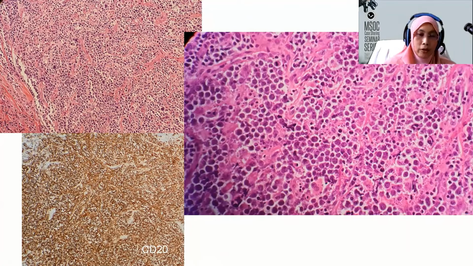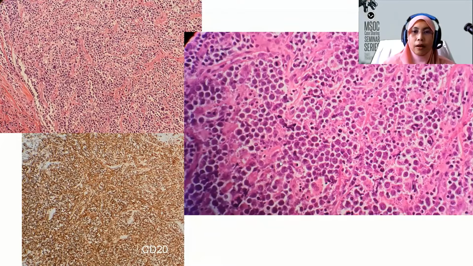So at that point of time, the reporting pathologist decided to put it as atypical, suspicious, but they didn't dare to put it as a lymphoma. So the surgeon proceeded with excision of the breast lump.